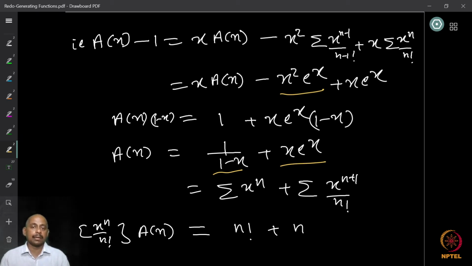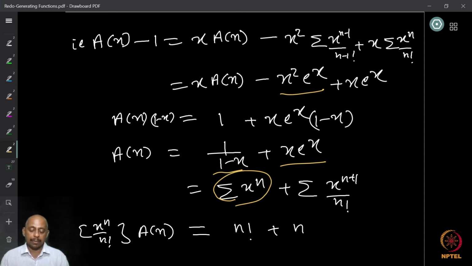Now for each of these I can find the coefficient of x raised to n easily. The first is summation x raised to n, the series expansion, and the second one is summation x raised to n plus 1 by n factorial. So the coefficient of x raised to n by n factorial from the first one is n factorial. And from the second one, you have to look at the coefficient of x raised to n, so it will be n minus 1 factorial below.